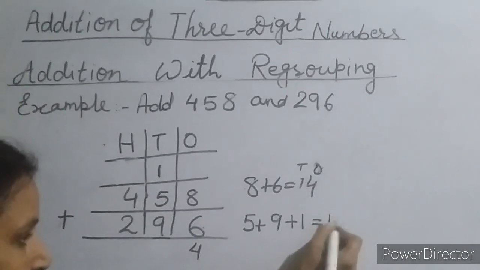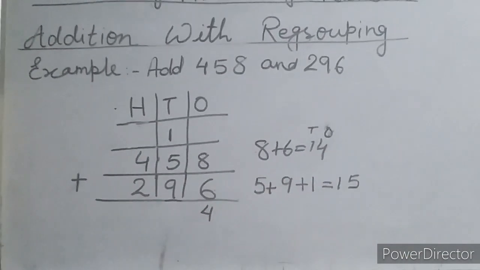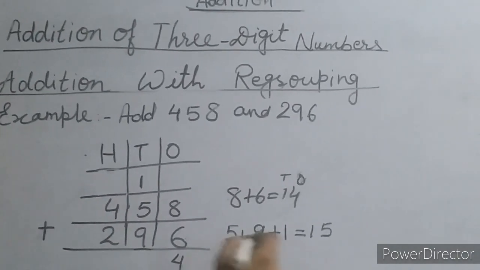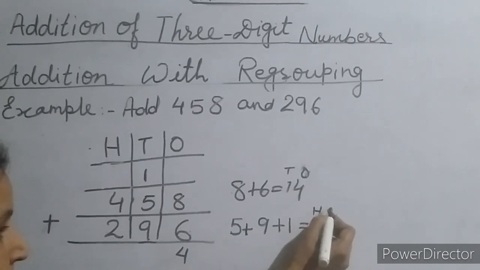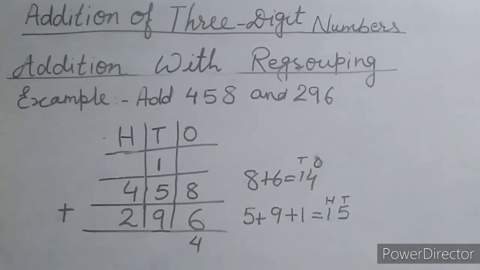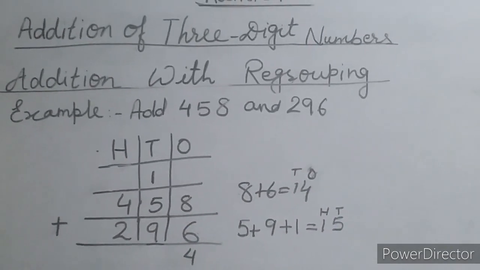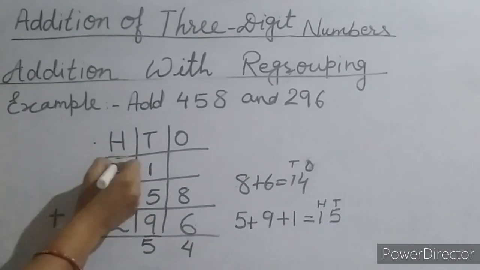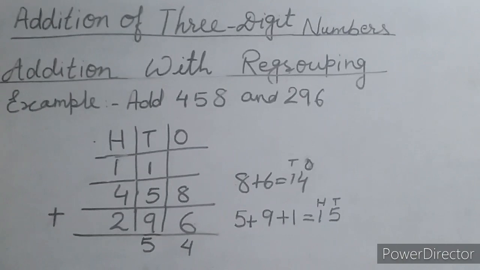So what will we do here? Regroup 15 tens as 1 hundred and 5 tens. Okay students, write 5 under the tens column and carry over 1 to the hundreds column.